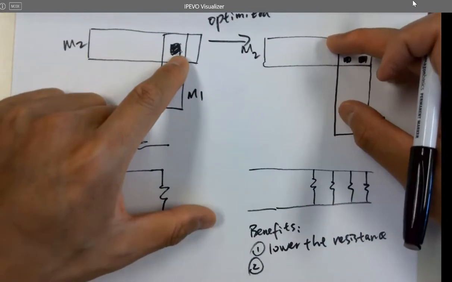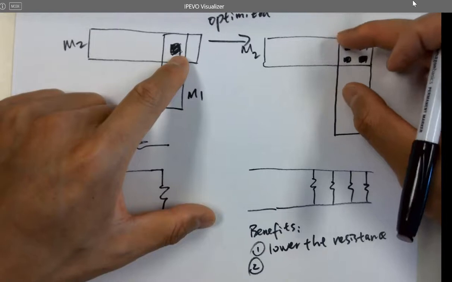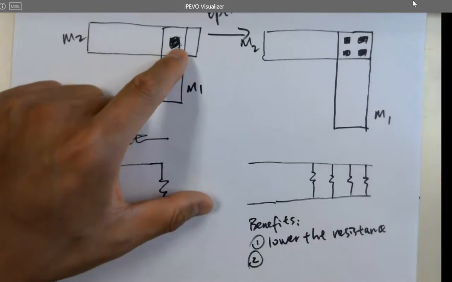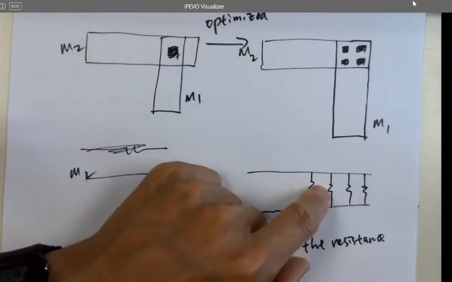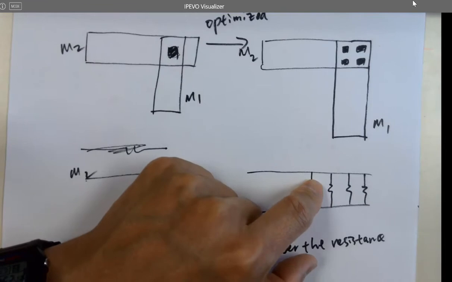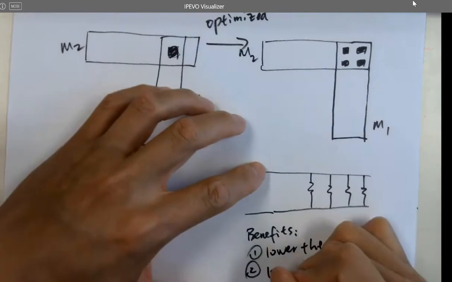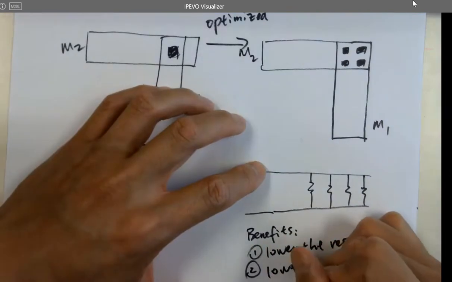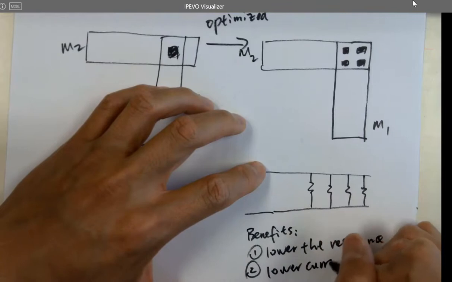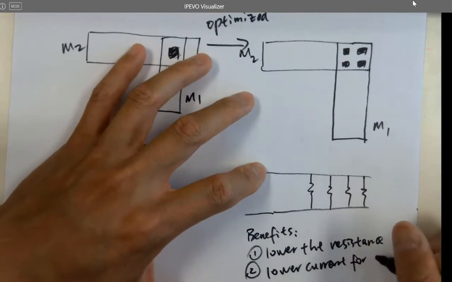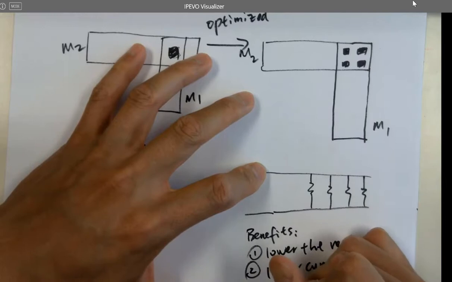Is it going to reduce the amount of current, or is it going to split the current for each via? Okay, lower current for each via. Then what?